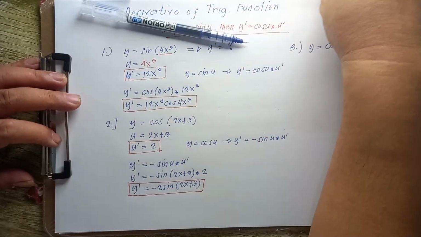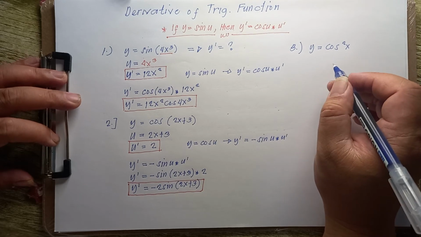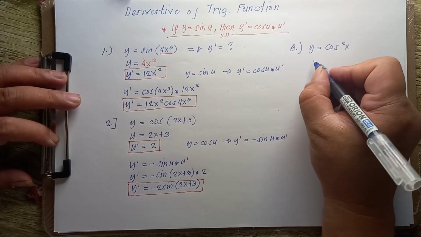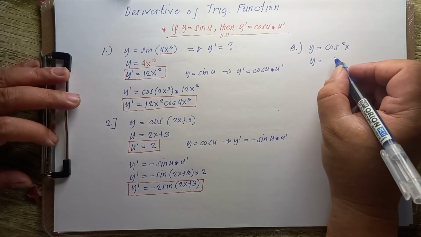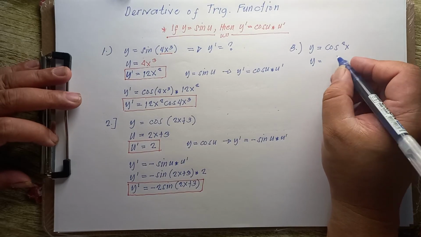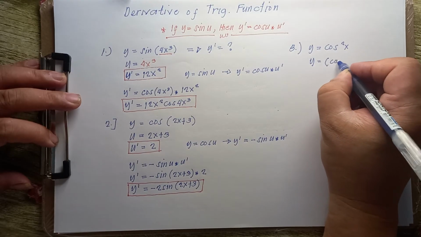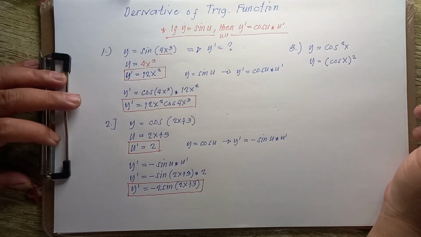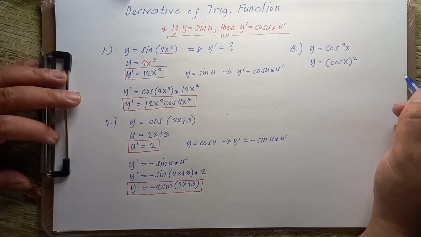To answer this one, we have to understand that this is the same as y is equal to the quantity cosine x raised to 2. And so with that, this is actually the application of a repeated process.